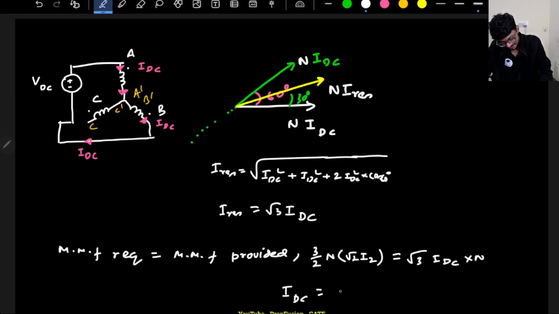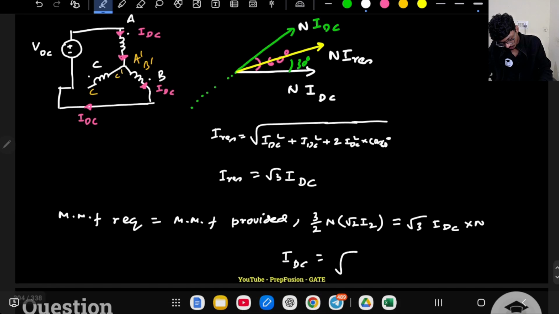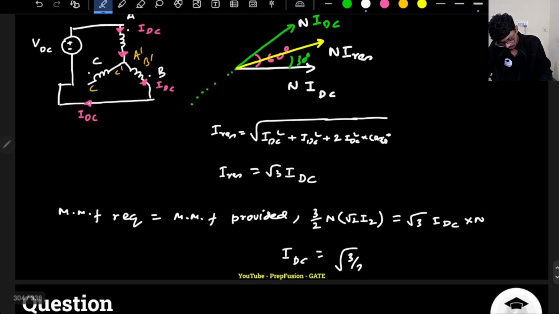So IDC will be equal to root 3 by 2 into I2, this will be under root.